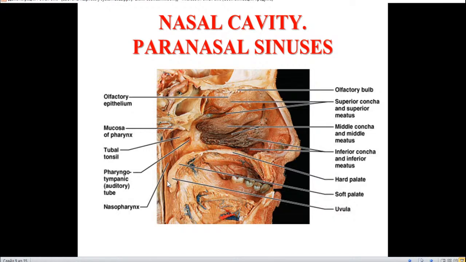In the nasal cavity can be distinguished the vestibulum nasi and the nasal cavity proper. The border between them is the limen nasi. In general, the total length of the nasal cavity is 10 to 12 cm. So it seems not so big.